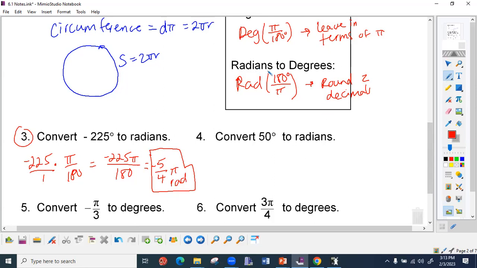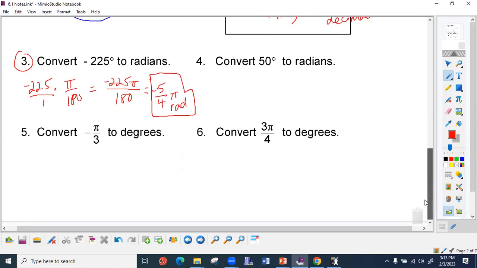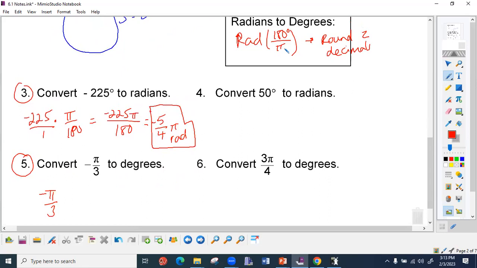Now we're going to go from a radian to a degree, following the second formula. So on 5, we're doing together. We have negative pi divided by 3, and we're multiplying it times 180 over pi. What do you notice that happens automatically here?